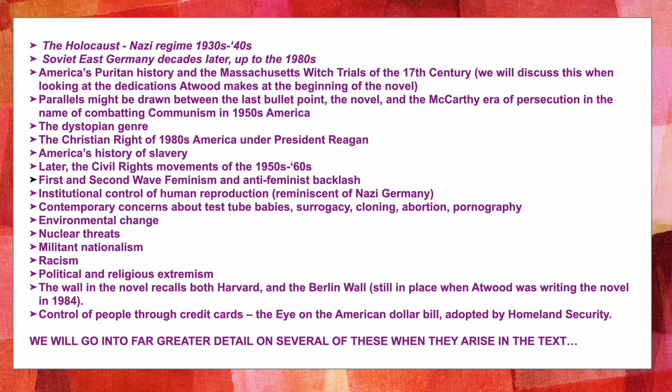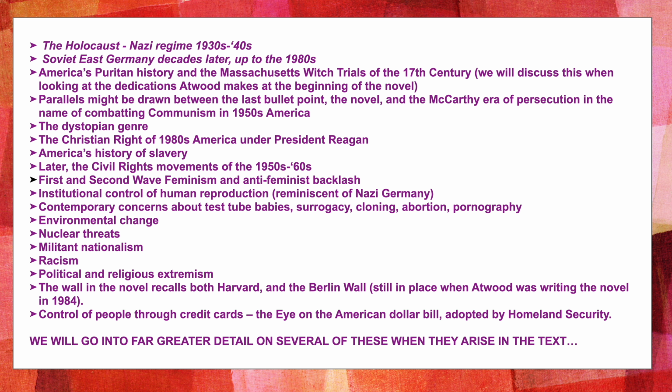Institutional control of human reproduction, again perhaps reminiscent of Nazi Germany and other countries. Contemporary concerns about test tube babies, cloning, Dolly the sheep, which you might not be familiar with now, surrogacy, abortion, pornography. The threats of not only environmental change, but technologies like nuclear having an effect on things like birth rates.